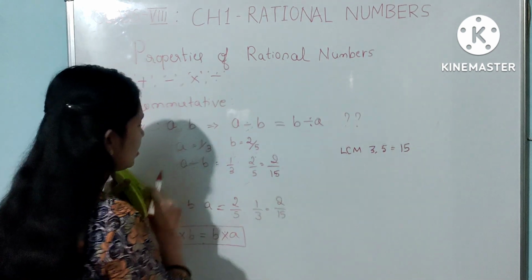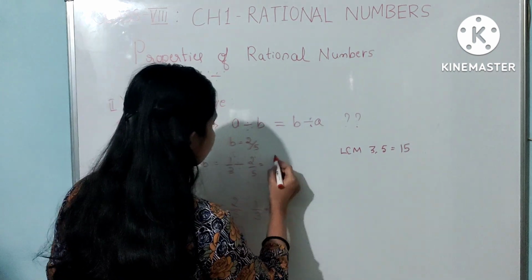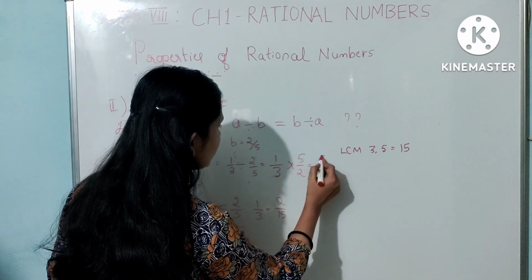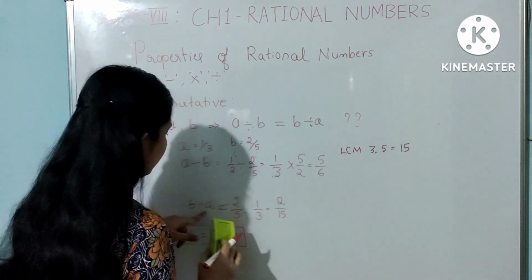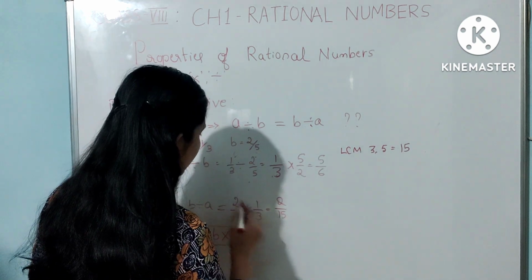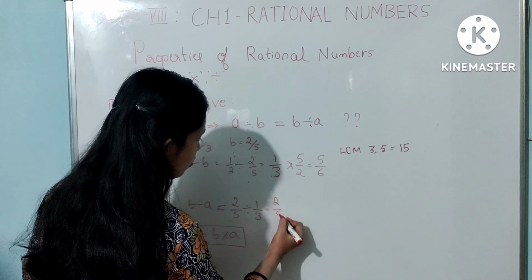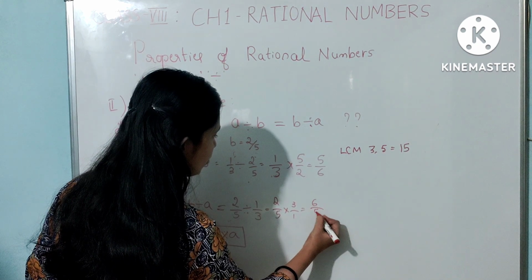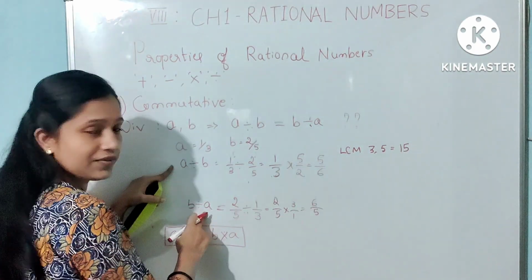A divided by b: what we have to do is take a reciprocal, right? 5 by 2, the value is 5 by 6. Here b divided by a: we have to take a reciprocal of this. So 2 by 5 into 3 by 1, so 6 by 5.